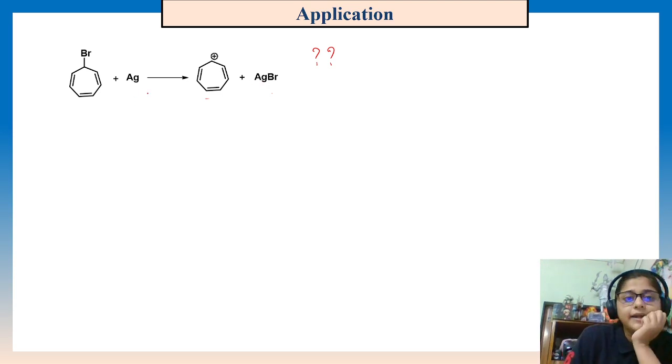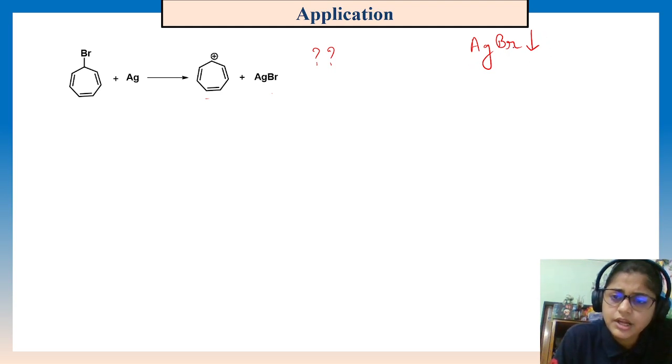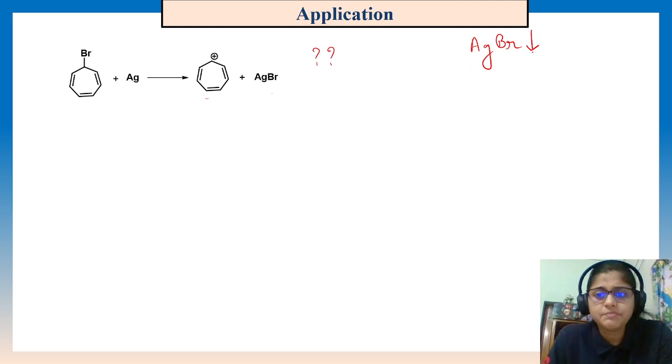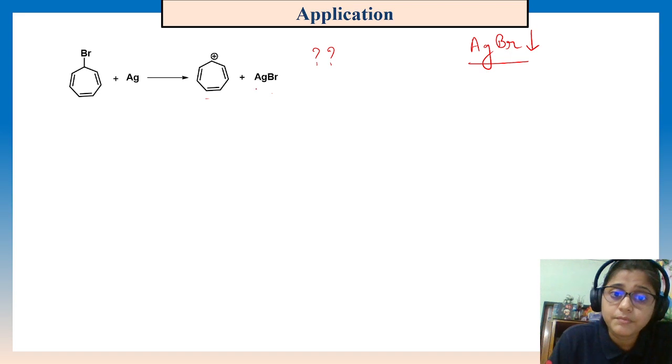We know that in the practical also, for the test of Br, AgBr forms and precipitates, a whitish-yellow kind of color. These precipitation reactions are very fast, but we have to remember that another component is here.